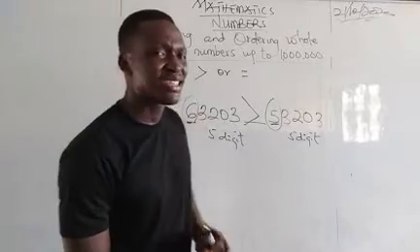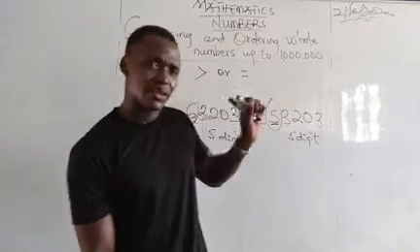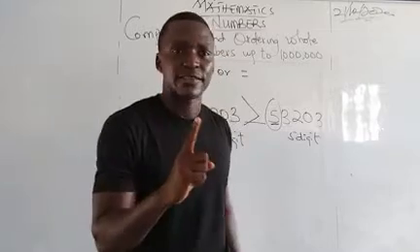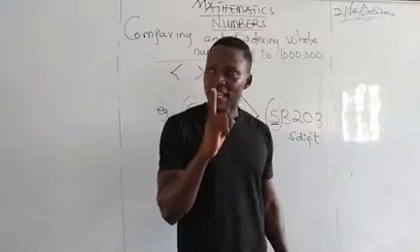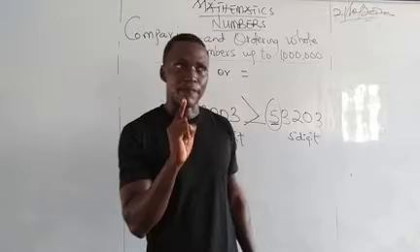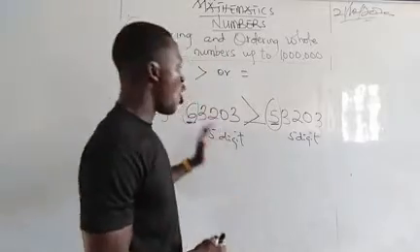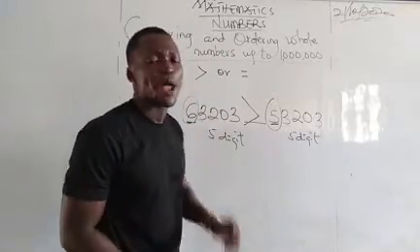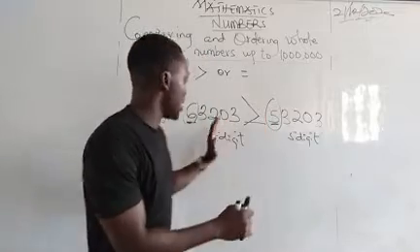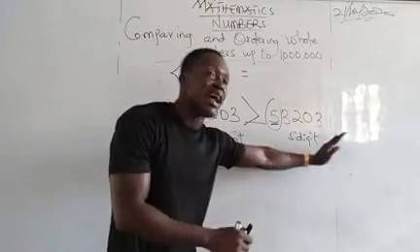This is a situation whereby you do this when you have the same number of digits. Pay attention here. We will only do this when we have the same number of digits. Here we have 5 digits, and here we have 5 digits.